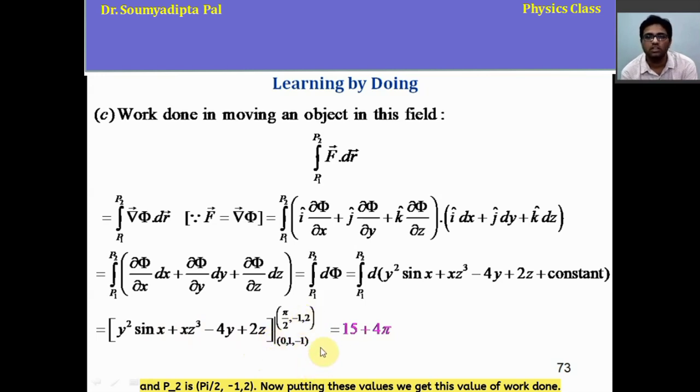Now putting these values, we get this value of work done. Okay. So here one important point you should remember: as the force field is conservative in nature, work done is path independent, and the value is the potential difference between the final and initial points, right?